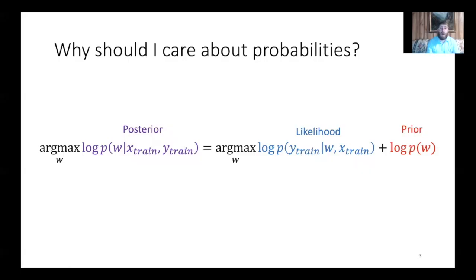Often this prior is seen as a regularization term that prevents overfitting. In the case of these regression models, L2 regularization is equivalent to a zero mean Gaussian prior, and L1 regularization is equivalent to a zero mean Laplace prior.